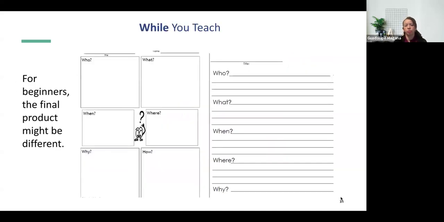While you teach beginners, here's something pretty simple that they can do. They know the who, the what, the when, the where. So when you have them read something, when they're hearing what the person is reading to them, they can answer those questions and break it down.